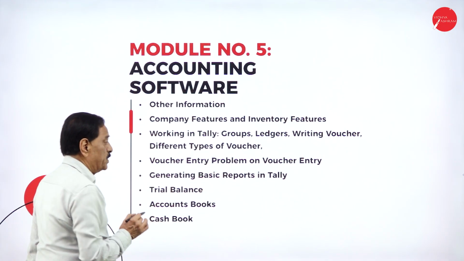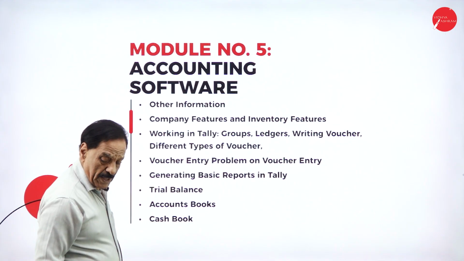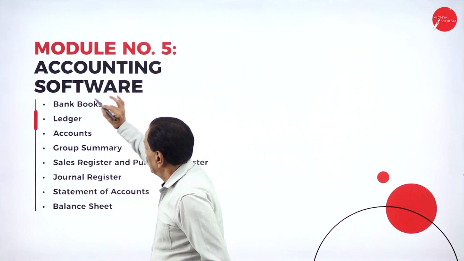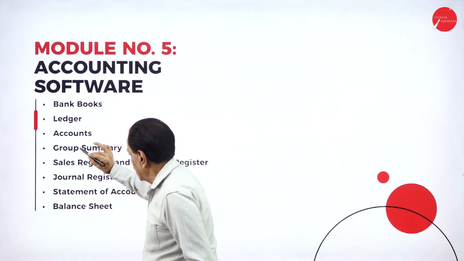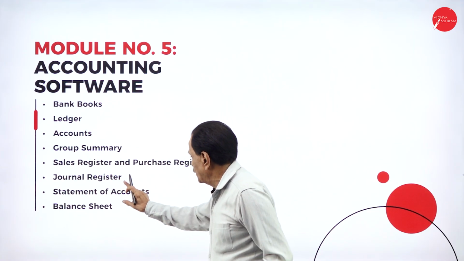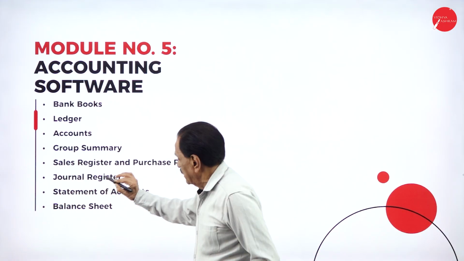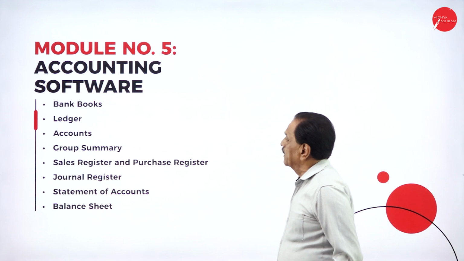generating basic reports in Tally: trial balance, accounts book, cash book, bank books, ledger account, group summary, sales register and purchase register, journal register, statement of accounts, and balance sheet.